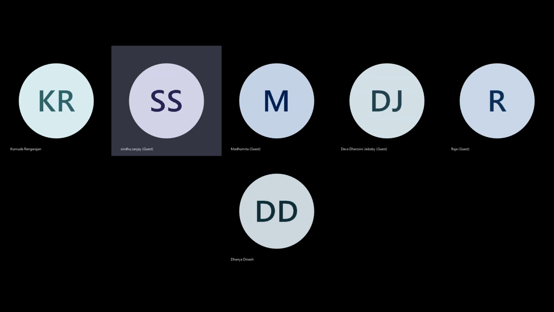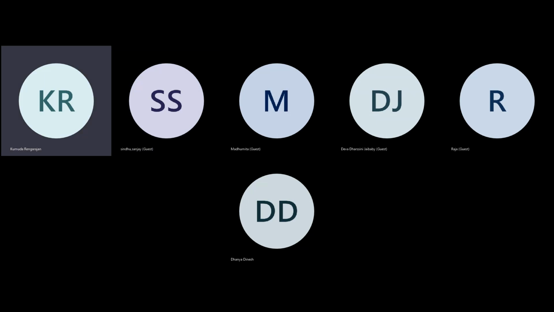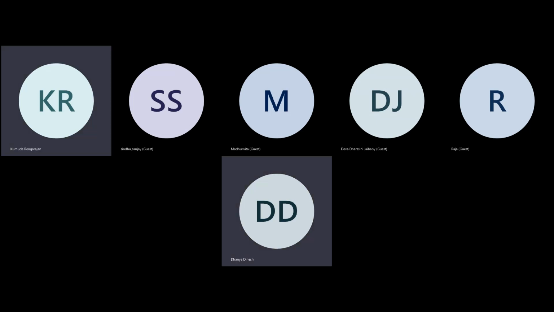Ma'am, the first one answer is 16p squared minus 24pq plus 9q squared. Yeah, that's correct. Sindhu and Sanjay, good. Devadarshini, what is the value of a for the first one? 4p, ma'am.